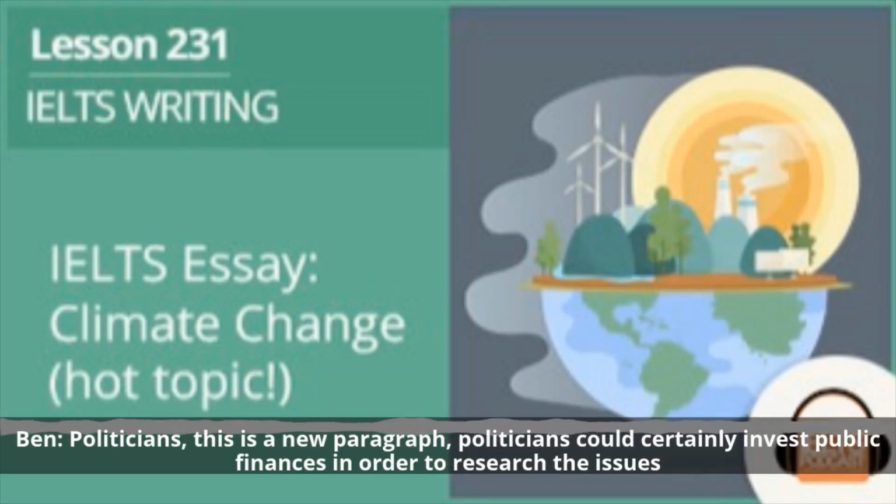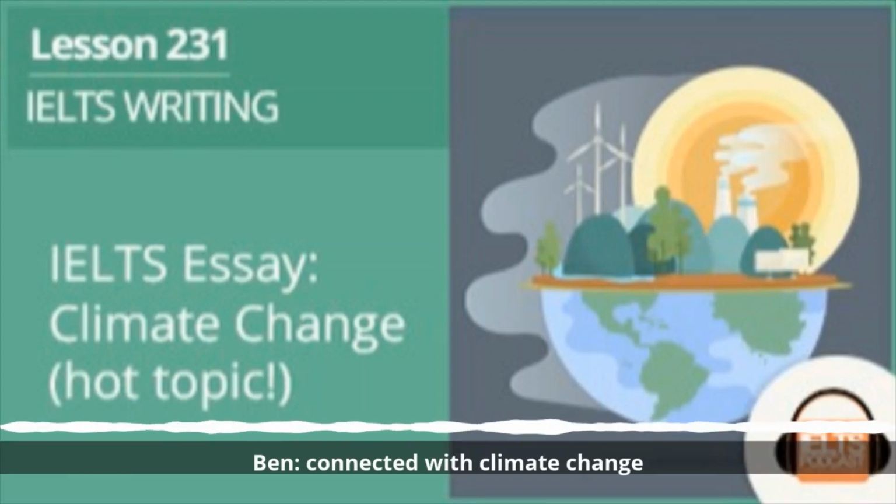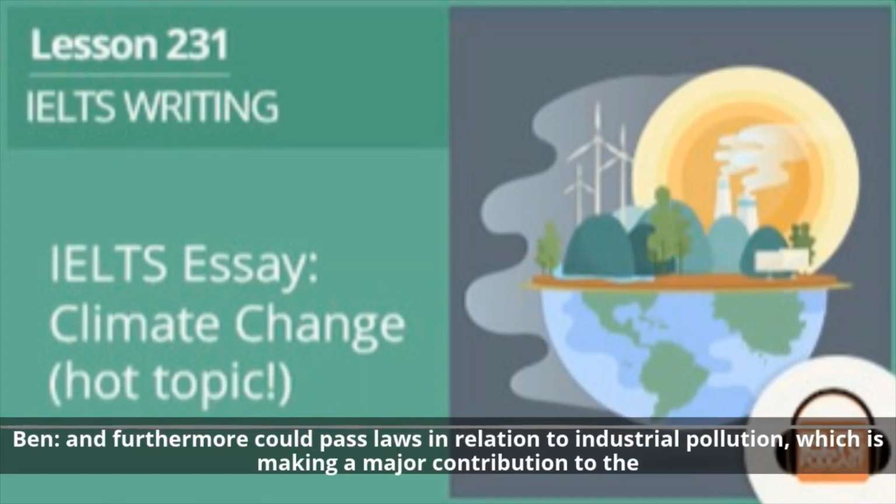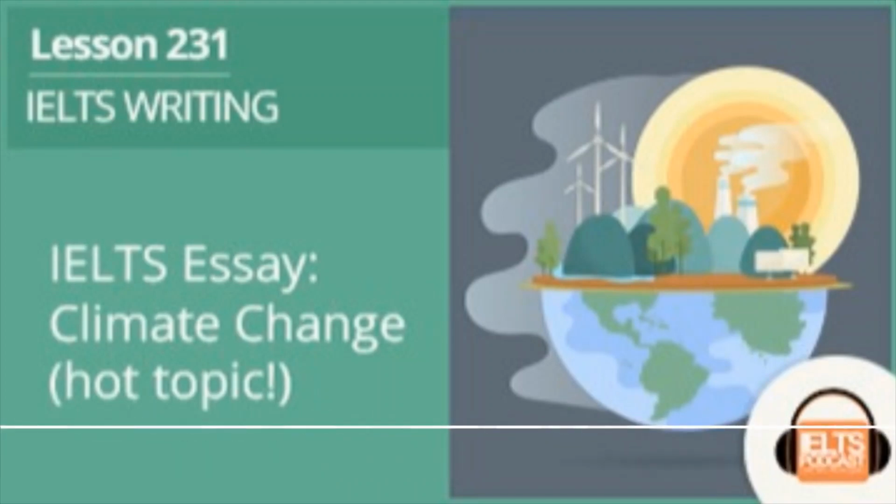Politicians, this is a new paragraph, politicians could certainly invest public finances in order to research the issues connected with climate change, and furthermore could pass laws in relation to industrial pollution, which is making a major contribution to the greenhouse effect.